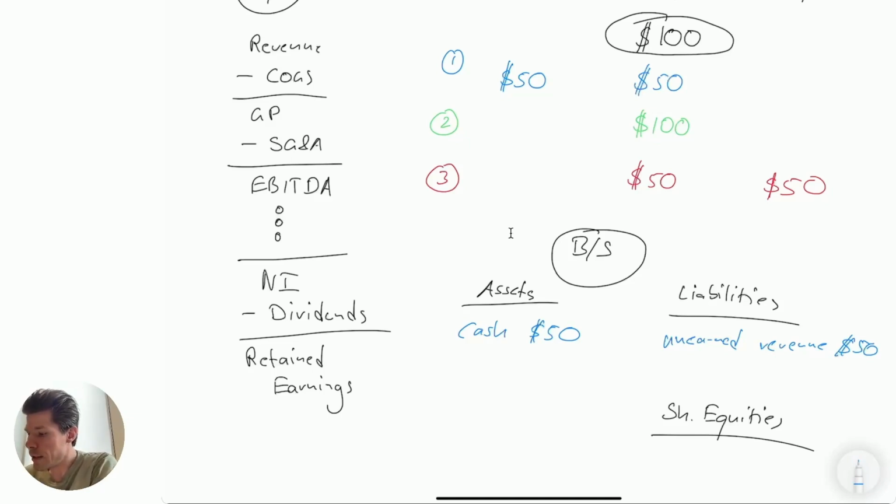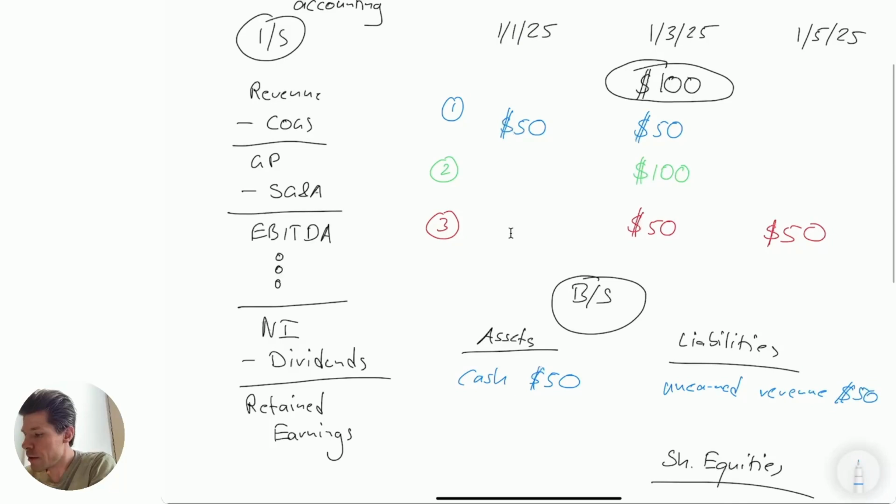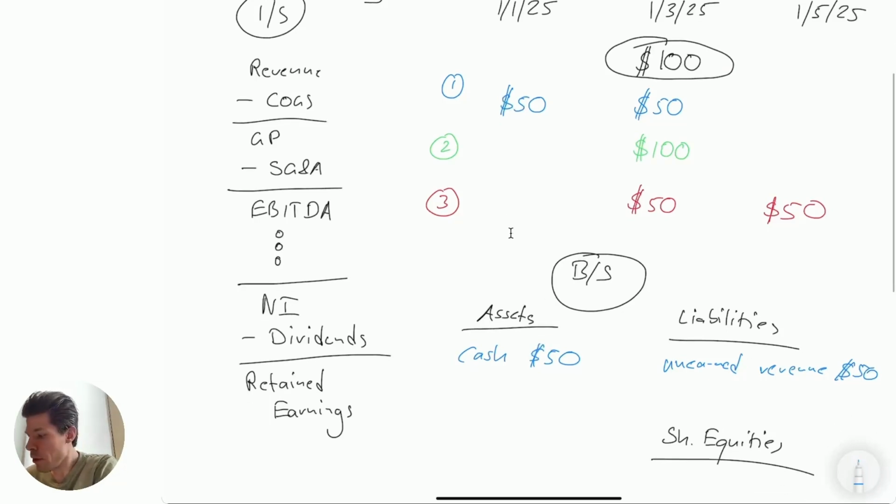And once you have received, or from a company perspective, once you have delivered the product in March, then you would decrease the liability. This would be removed. There's nothing unearned anymore because in March you have delivered the product.